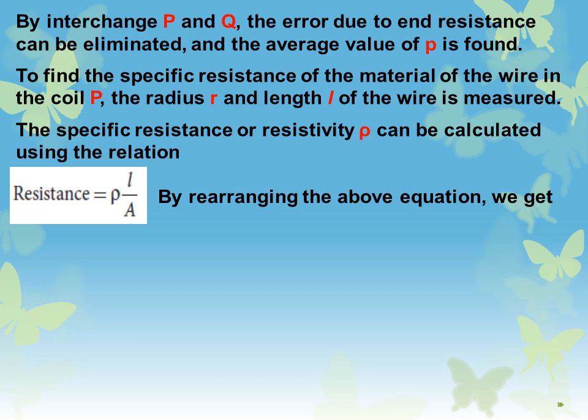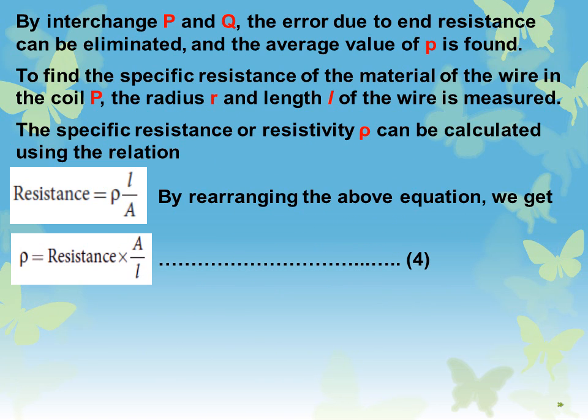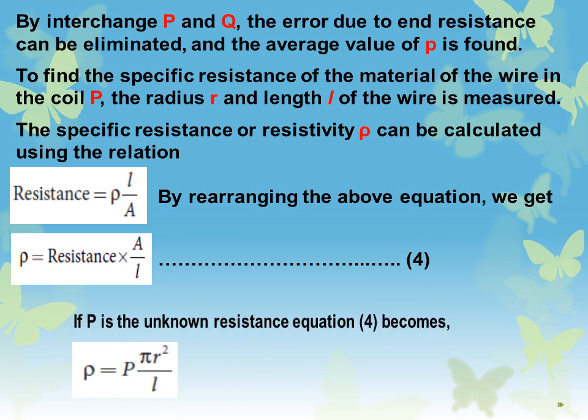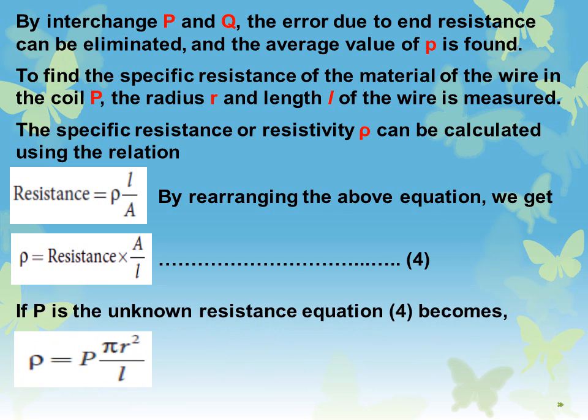By rearranging the above equation, we get rho is equal to resistance into A by L. So we have to find the resistance, then multiply by area and divide by length. If P is the unknown resistance in equation 4, then rho is equal to P into pi r square by L, where the area is pi r square.